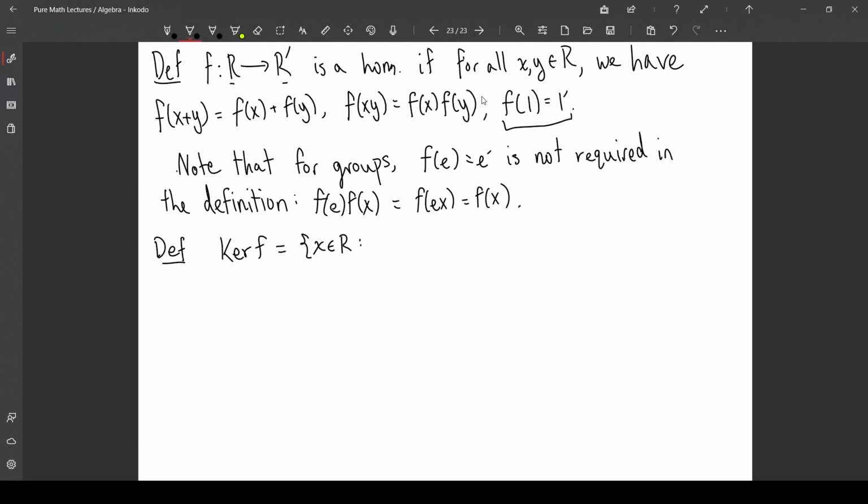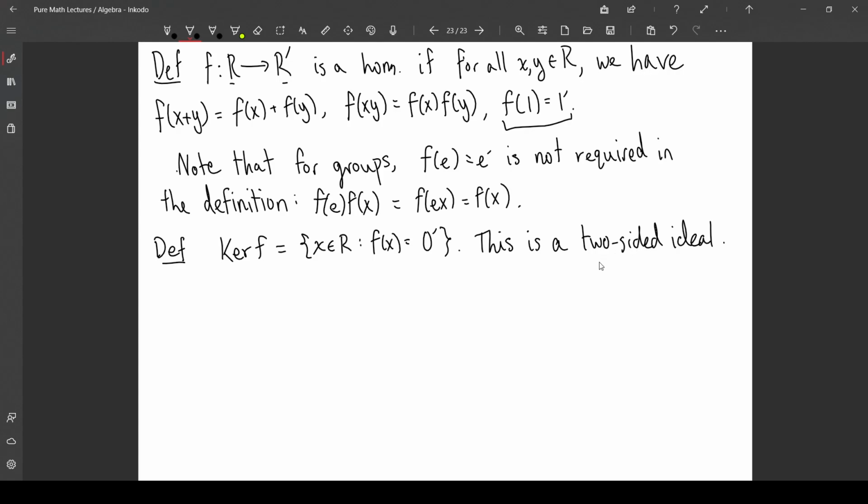So we look at it in terms of the additive identity, i.e. 0. So this is the set of x in R such that f of x is equal to 0, or maybe you want to put 0 prime for 0 in R prime. But regardless, this is the kernel, and this is a two-sided ideal.